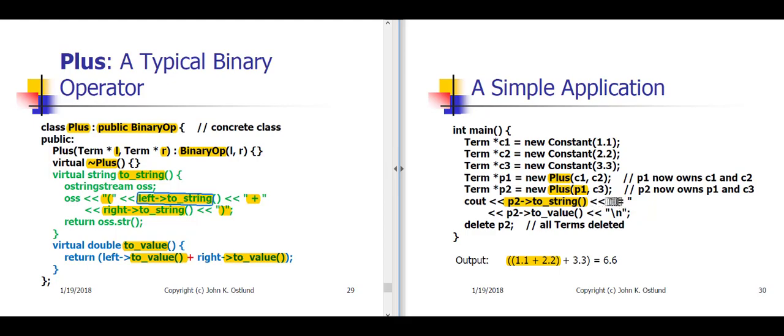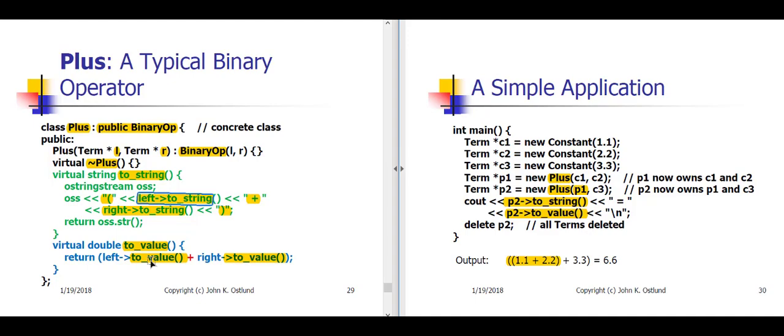Here we're displaying an equal sign, which simply comes out as an equal sign, and then we're using the toValue function of the binary op that P2 is pointing to. And toValue, remember, is taking the left-hand toValue and adding it, this is literally an addition operation, to the value of the right-hand side. Now, in the initial call of toValue, the left-hand side is itself a plus.